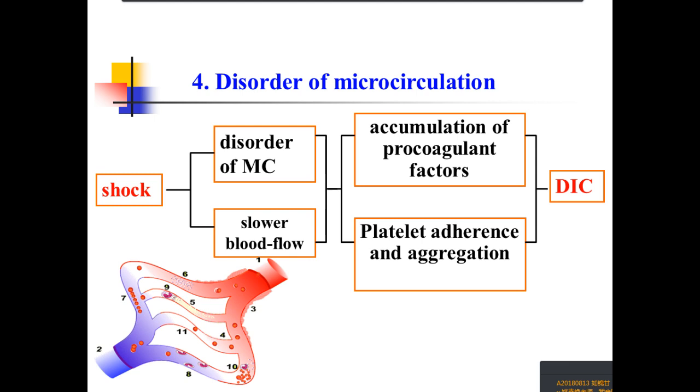The third, hypercoagulable status, pregnancy and acidosis. The last, microcirculation disorder. Now, you might remember which is the triggering factor and which is the etiology.